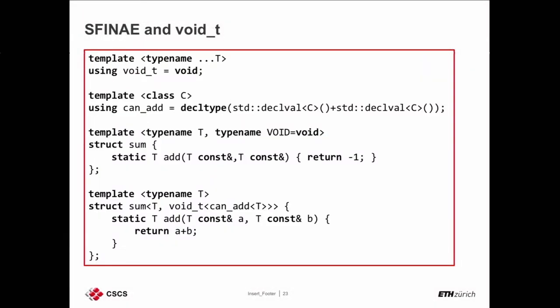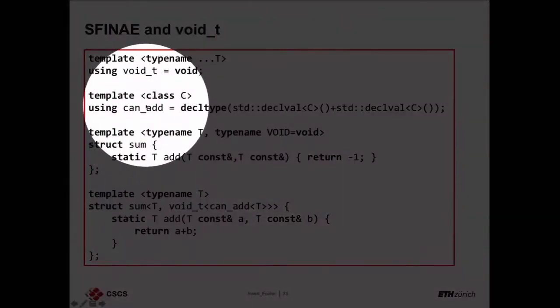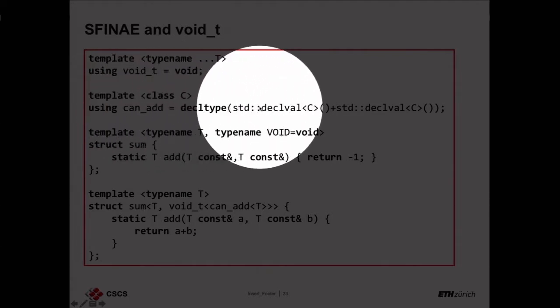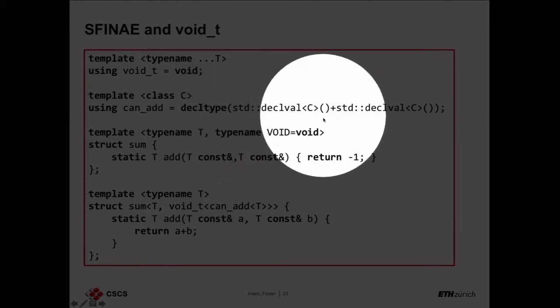And this can be very useful. I just want to go quickly in this example, otherwise it would take long. Basically, I want to check if I can add two numbers, right? I say, can I add? I say decltype, or I can add if I have the plus operator.